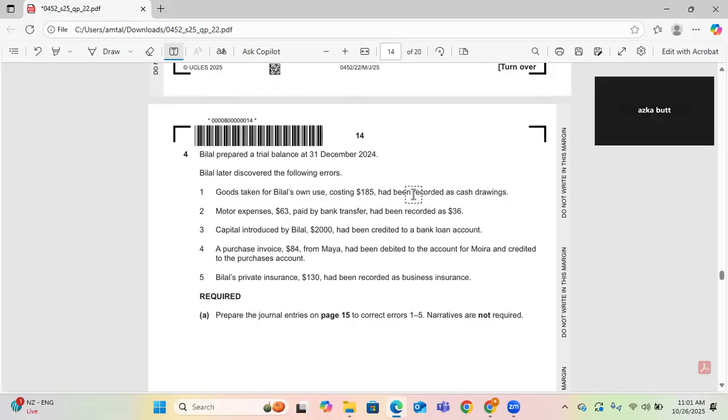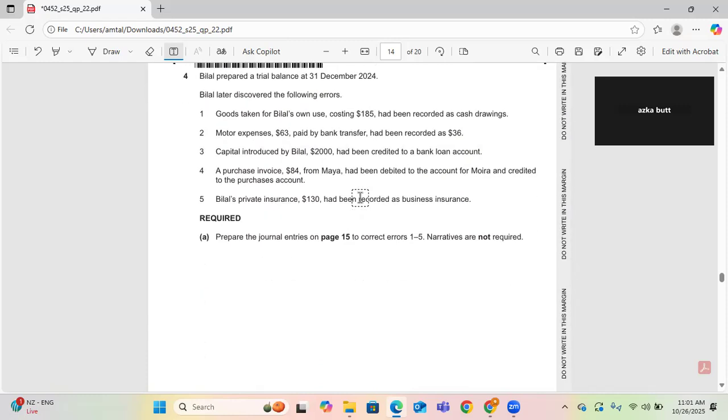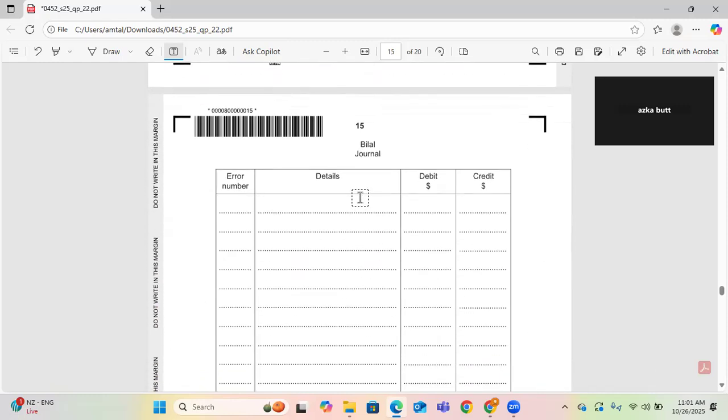What we should do is credit the purchases and debit the drawings. There is nothing wrong with the drawings, so now we need to increase the cash and decrease the purchases. Okay, so it's very easy.